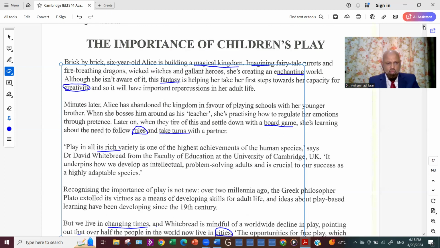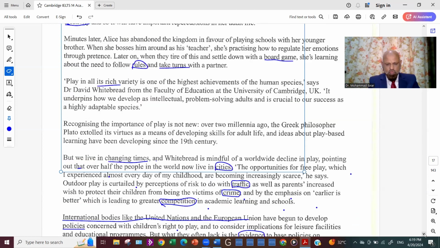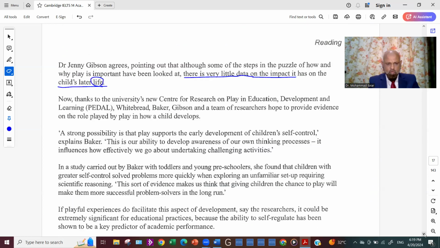Now let's have a look at the words. So we have creativity, rules, and cities. We have to go back to the question and supply the correct words there.